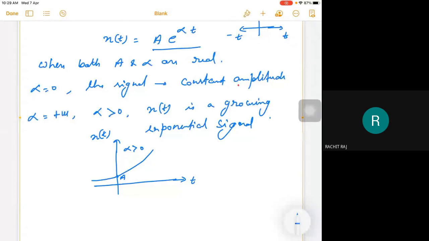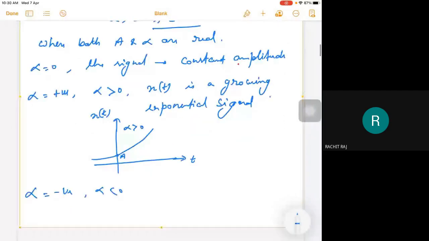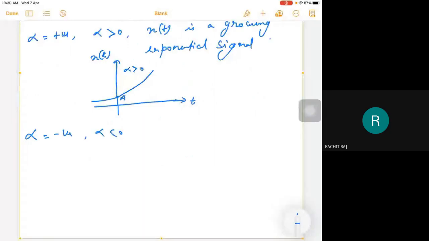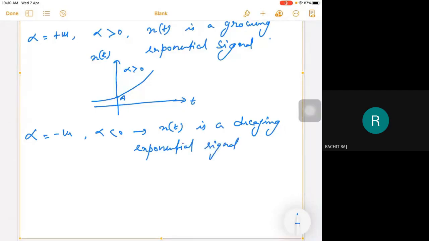Now, when alpha is negative, or you can say alpha is less than 0, x(t) is a decaying exponential signal, or you can draw it in this manner.